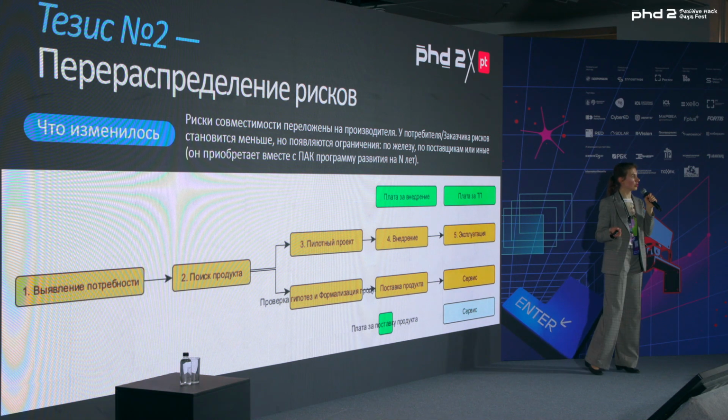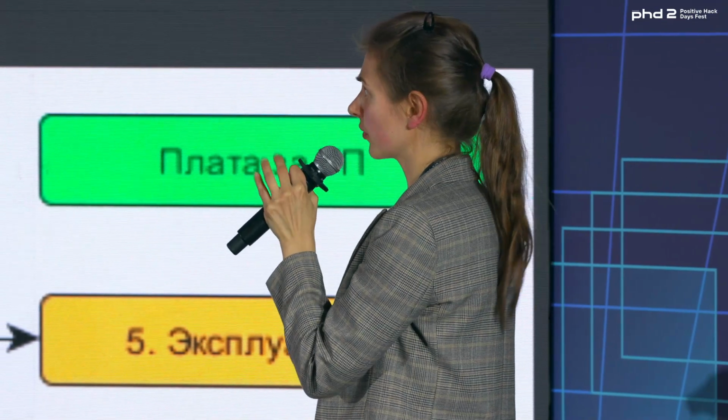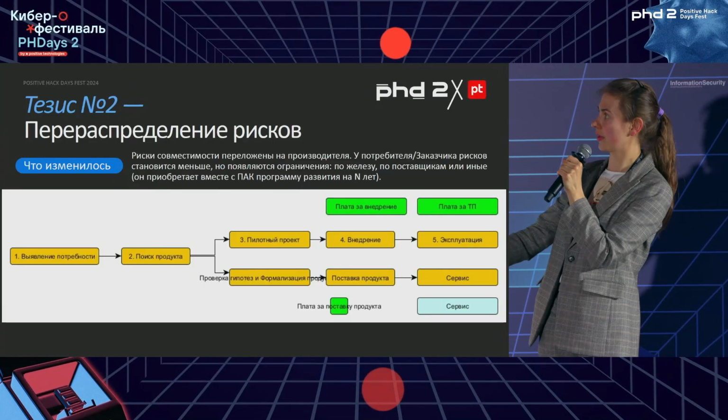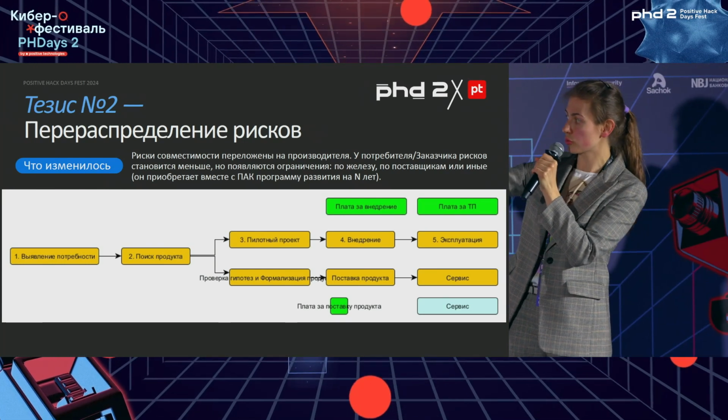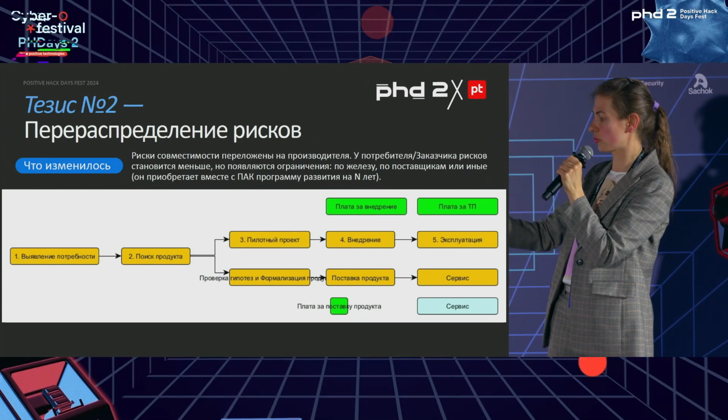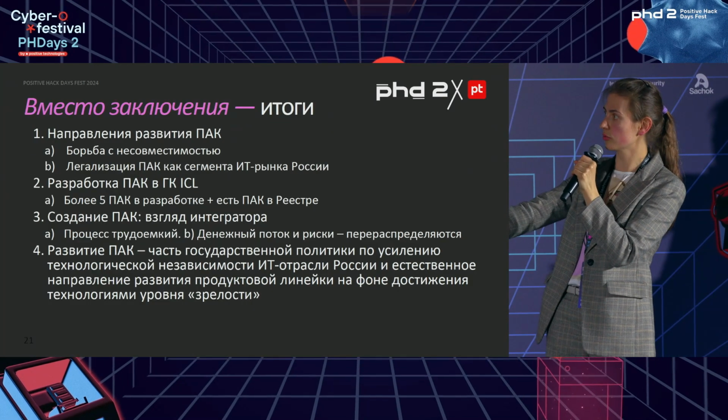And this also applies to crypto gates and other information security solutions. These will be those classes of solutions where, from a regulatory standpoint, the hardware part should always be there. Those solutions simply should be software and hardware sets. And also there will be a different risk structure and payment structure.